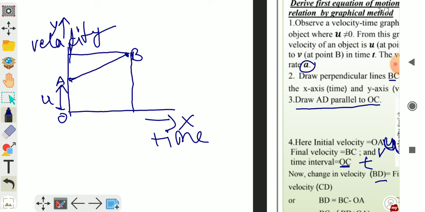So you have to draw two perpendicular lines BC and BE.